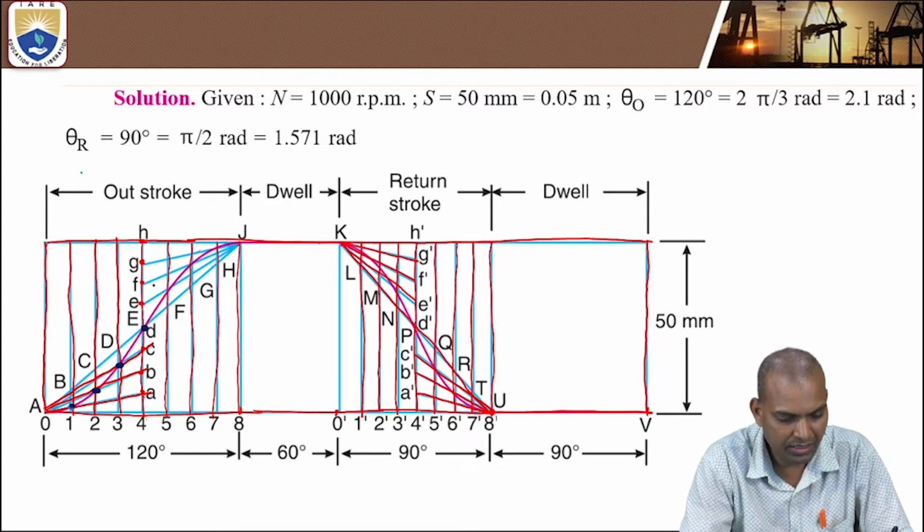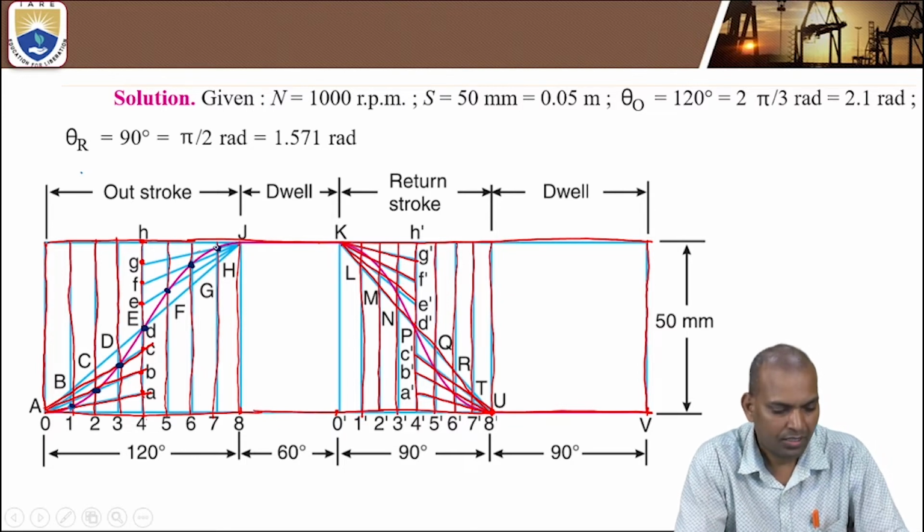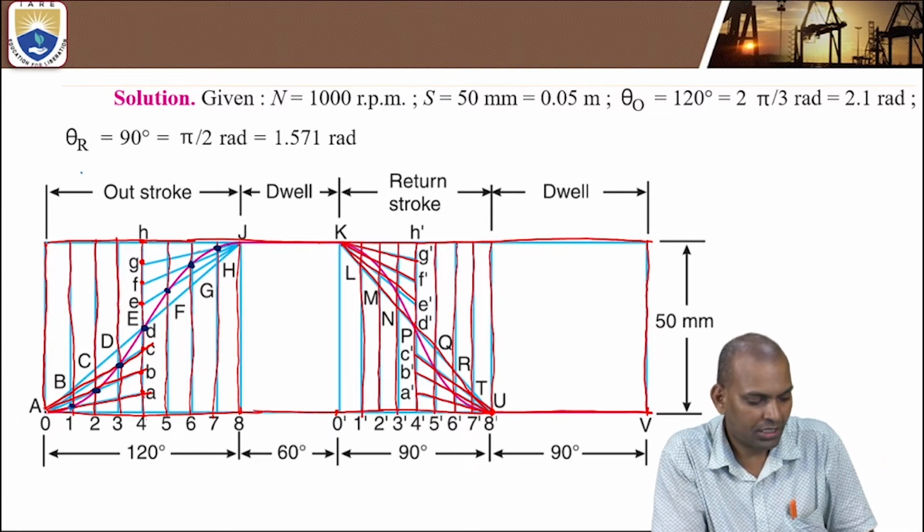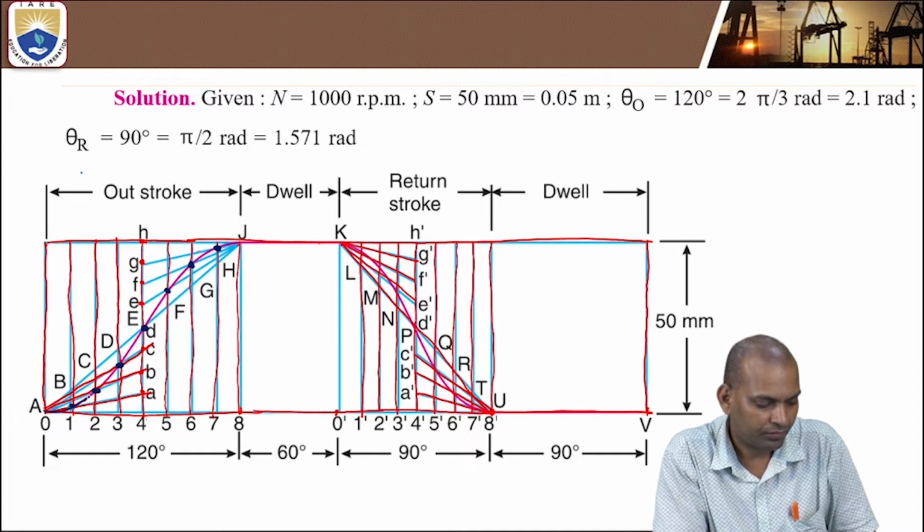JE is intersecting at 5, JF at 6, JG at this point, the 7th line. So join all these lines with a smooth curve. That curve gives the parabolic path.